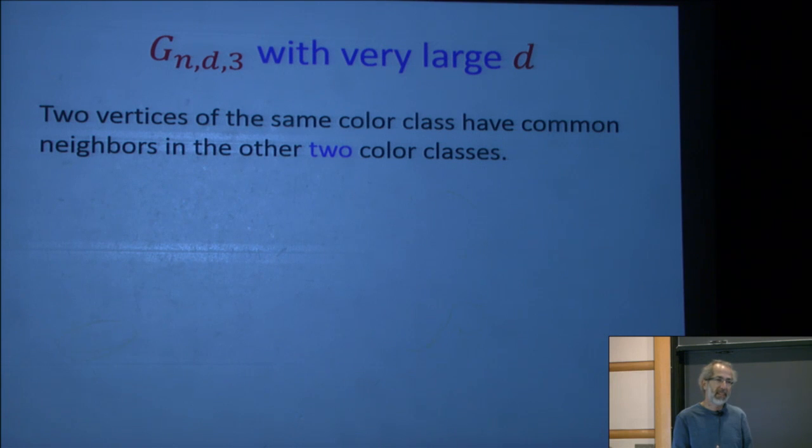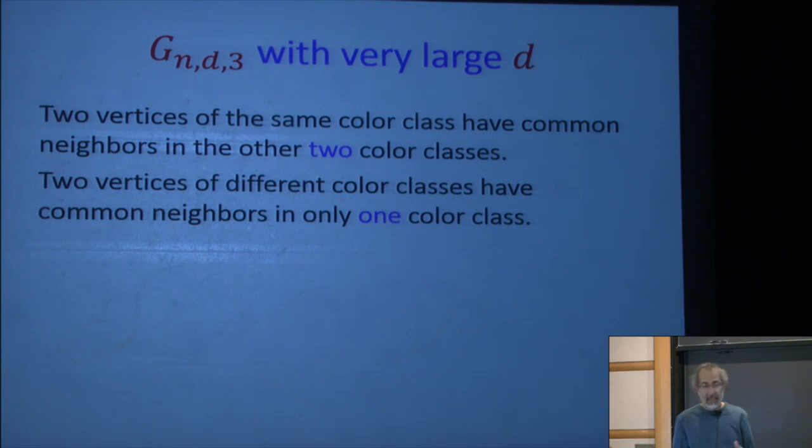If both of them are red, they can have common neighbors in the blue and in the green color classes. If the vertices are in different color classes, say one red and one blue, then they have common neighbors only in the green color class. So they have fewer common neighbors.